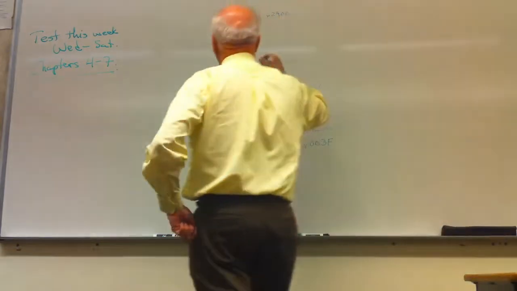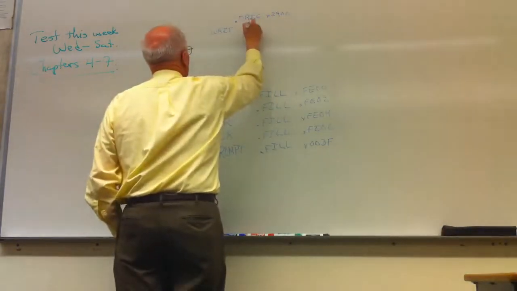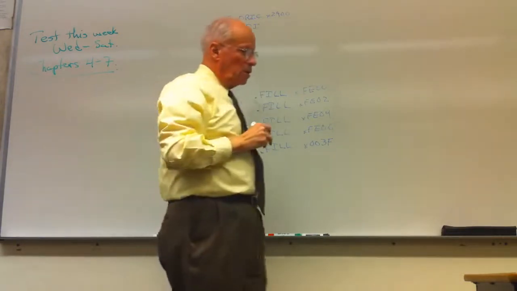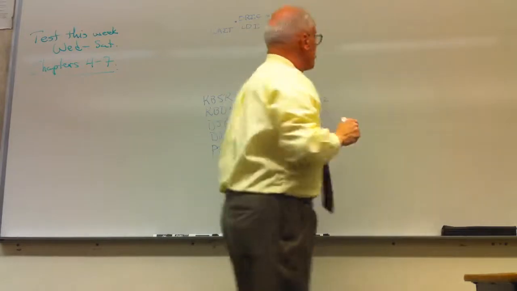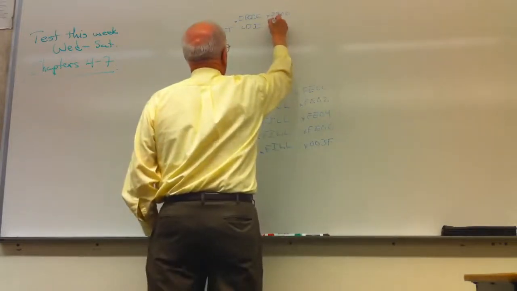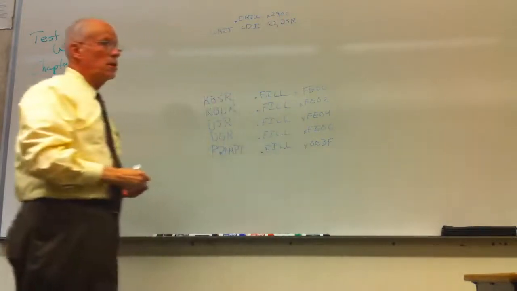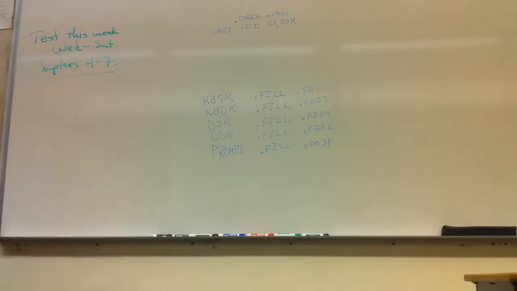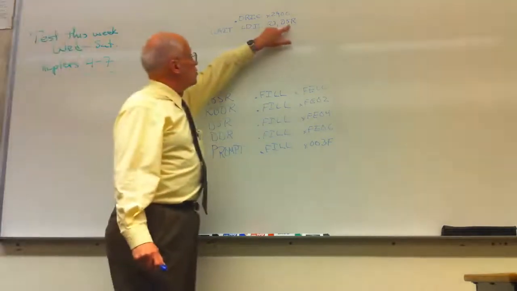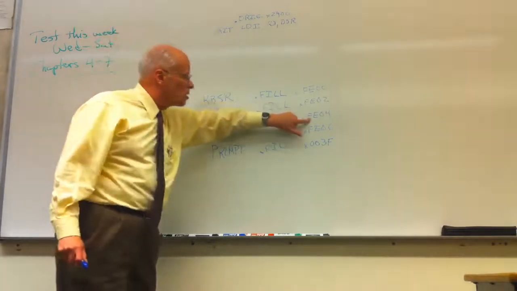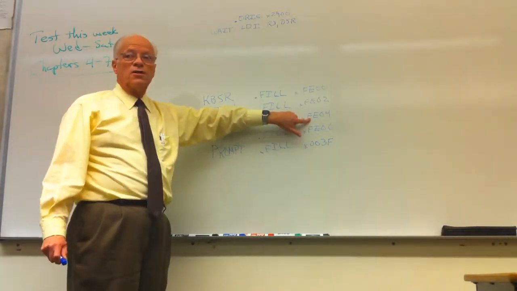Okay, we do that by saying load indirect some register, display status register. Once again, remember what that load indirect does is it says go to this location, then use the contents of that location as an address.